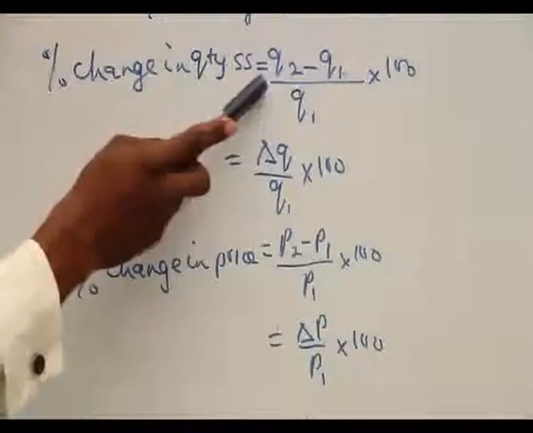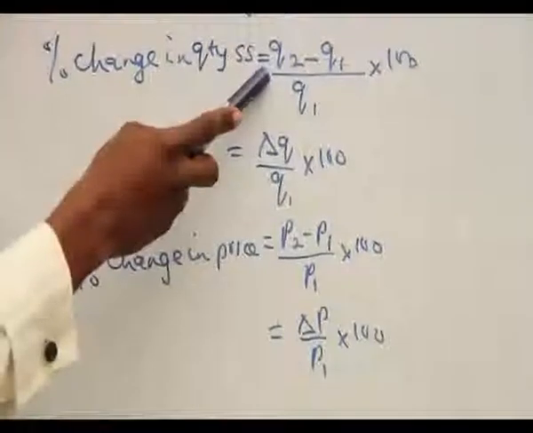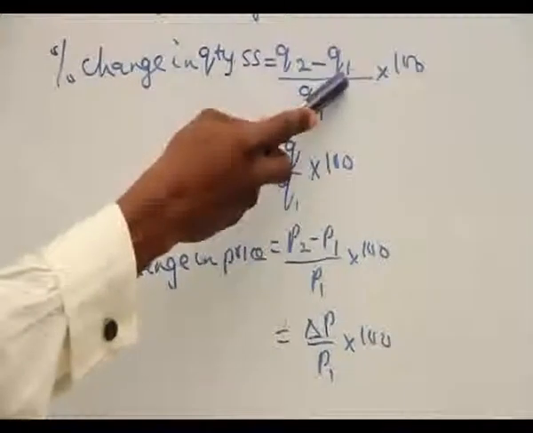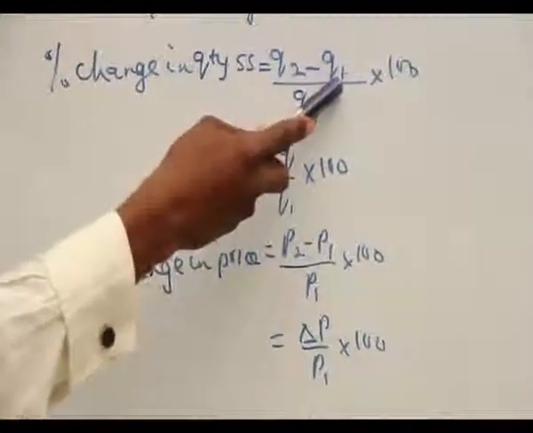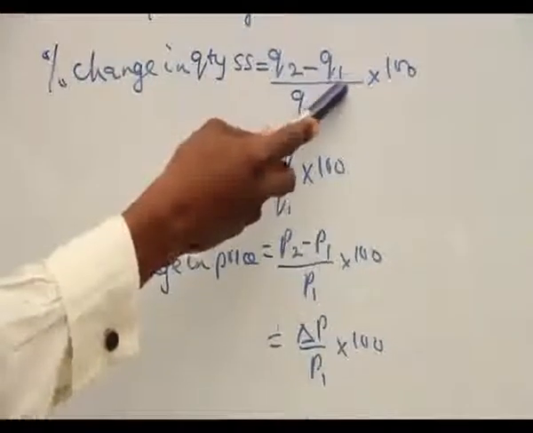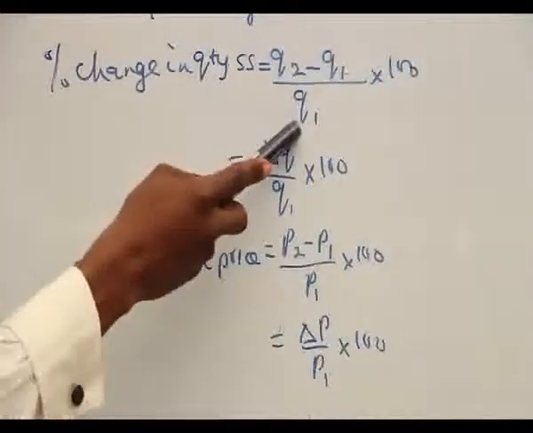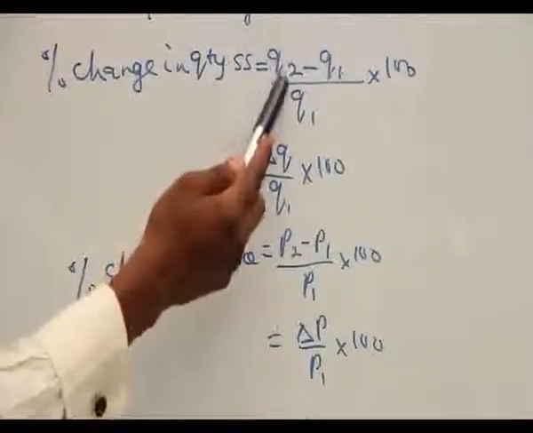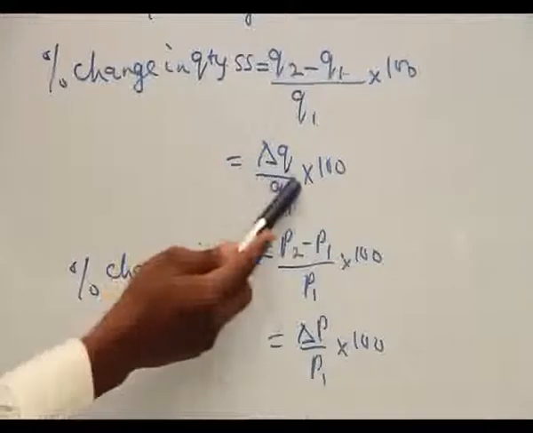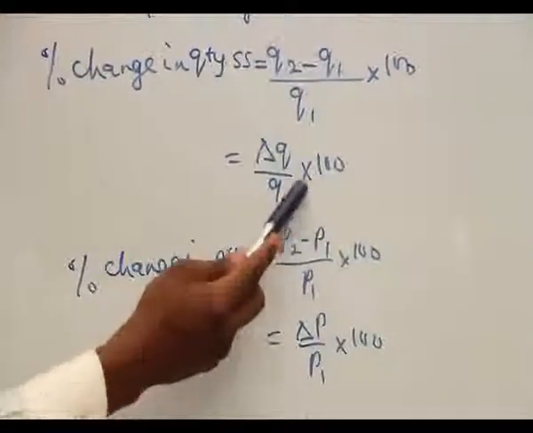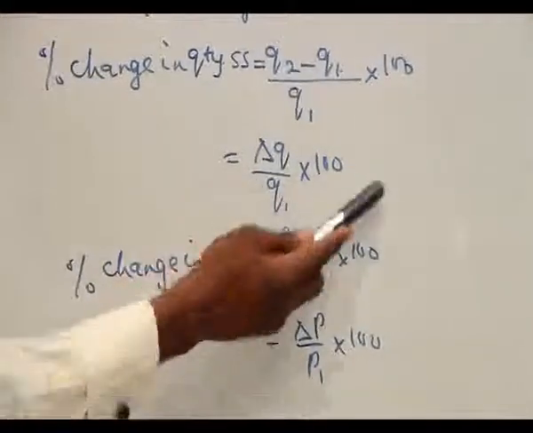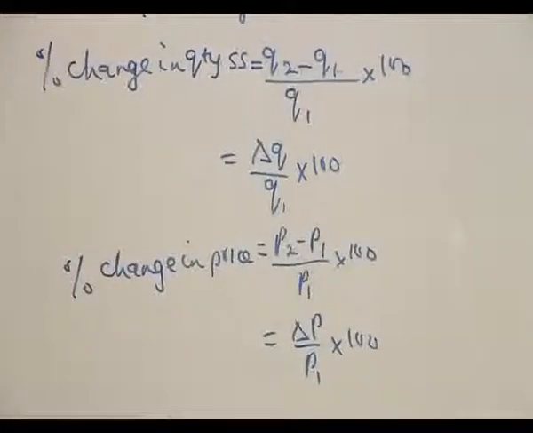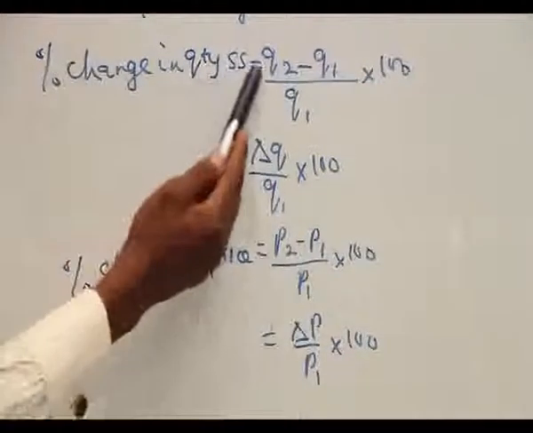When we say Q2, we are talking about the present quantity. When we say Q1, we are talking about the initial quantity, that is the previous quantity supplied. The change between Q2 and Q1 is referred to as delta Q over Q1 times 100. So at the end, we get a value that will represent percentage change in quantity supplied.